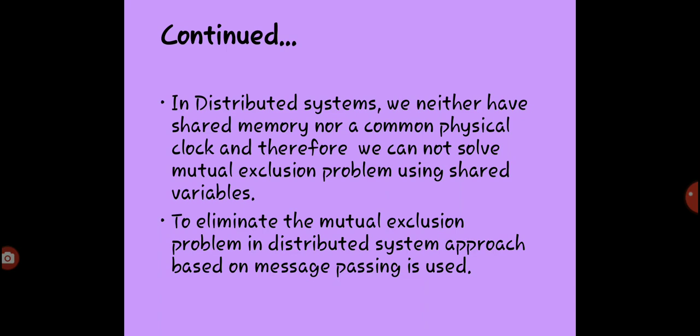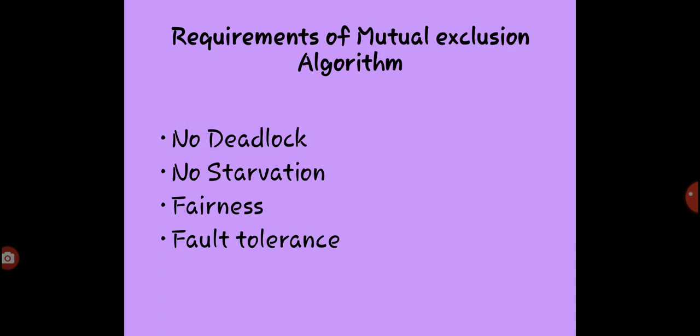So how can we solve the mutual exclusion problem in a distributed system? To handle it, we have the following four requirements: no deadlock, no starvation, fairness, and fault tolerance.